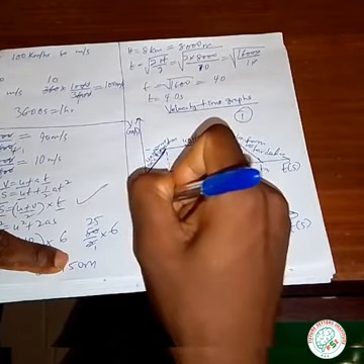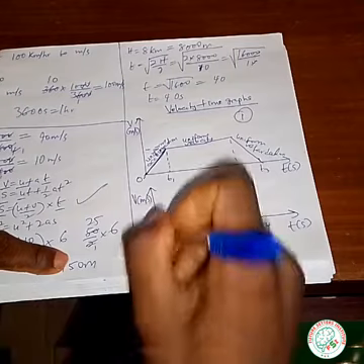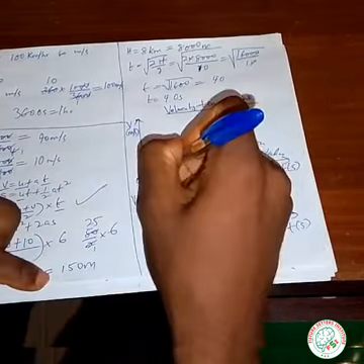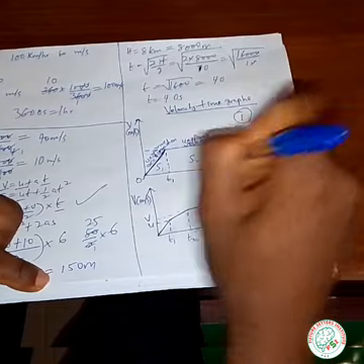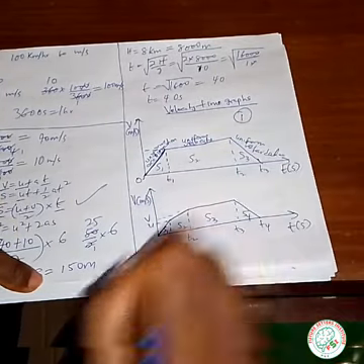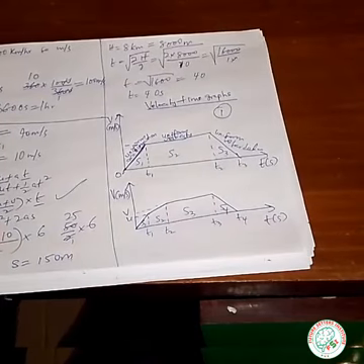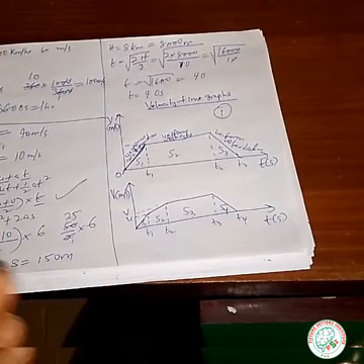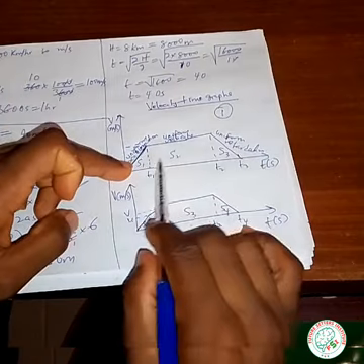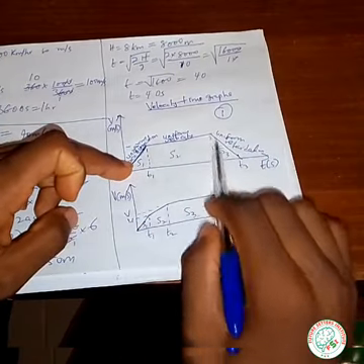This is our V, in meters per second. Now, this is our U and this is our V. This is S1, S2, S3, and S4. If you observe this very well, in the first case we have a triangle, a rectangle, and then a triangle.